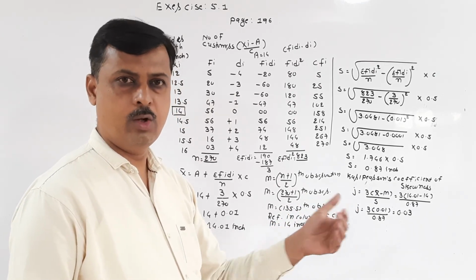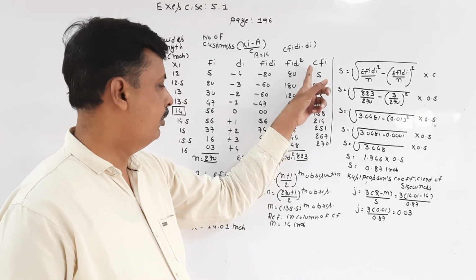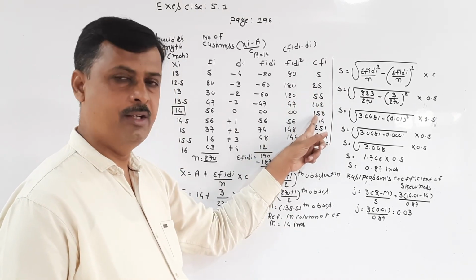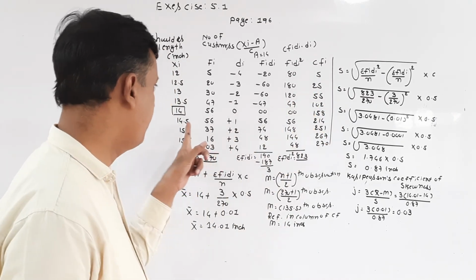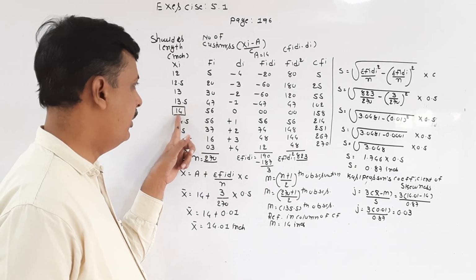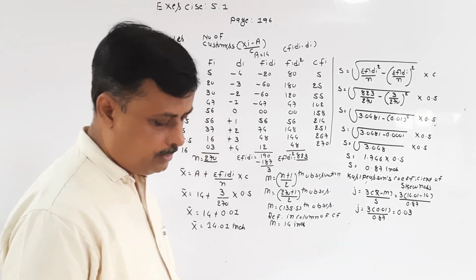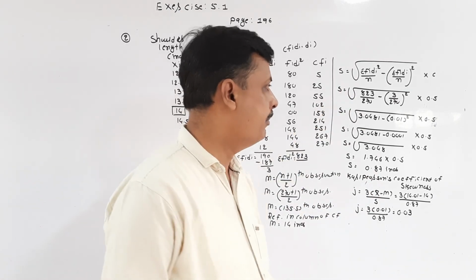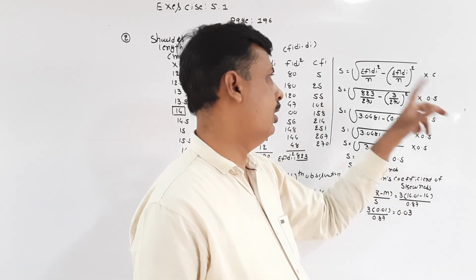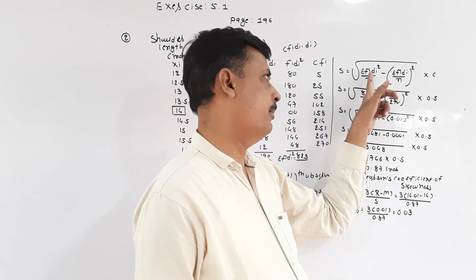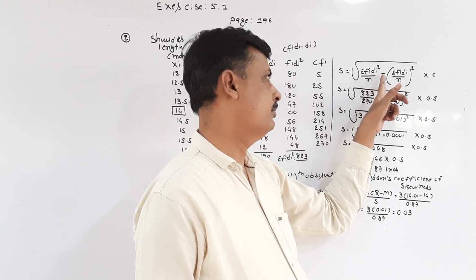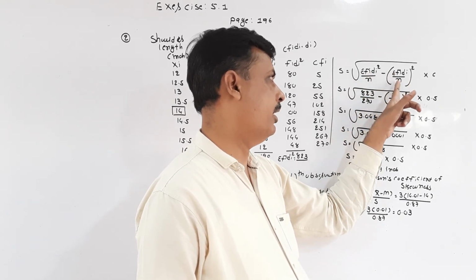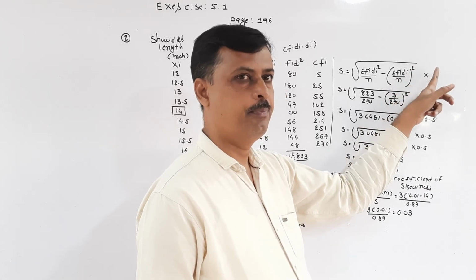Now referring to the column CF, 135.5 will be found at 158, so that is 14, so M is equal to 14 inch.